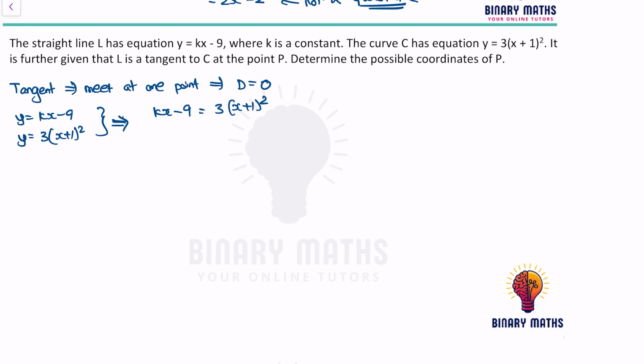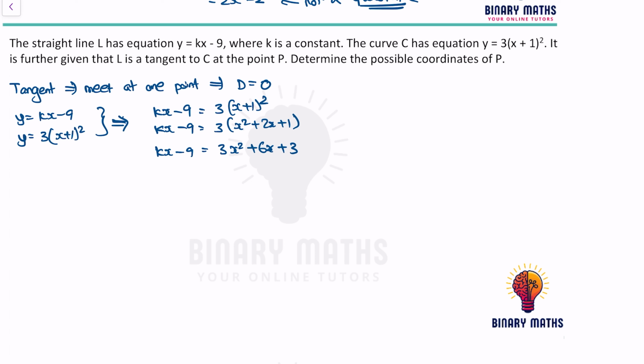If I expand the right hand side, I get kx minus 9 is equal to 3 times (x squared plus 2x plus 1). So kx minus 9 is equal to 3x squared plus 6x plus 3.